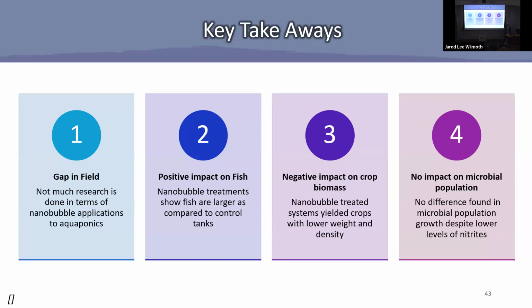That's what we're trying to figure out. We thought it was a nutrient, but as you saw, there's enough nitrates for the plants to be taking up. Maybe it's because when we germinate the seeds, we don't germinate them with nanobubble water. So when we move them from a non-nanobubble treated system to a nanobubble treated system, maybe they sense stress, and it could be a stress response that they're small.